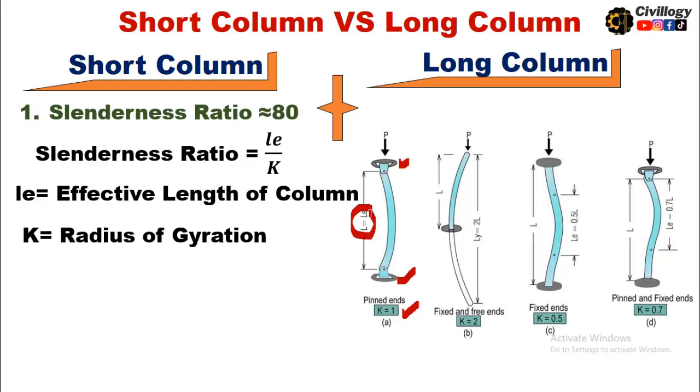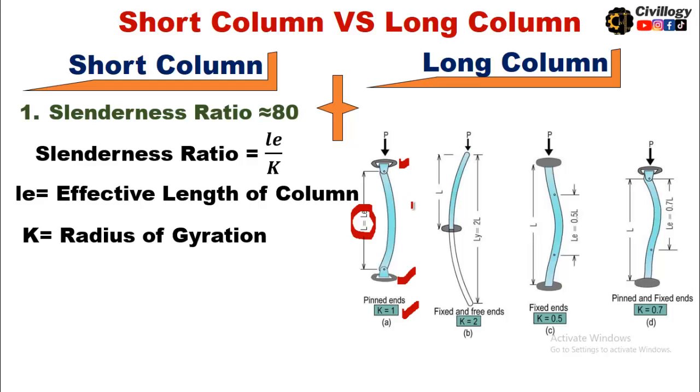Now what is effective length? Effective length is the length which experiences buckling. In simple terms, effective length is the length when the compression load is applied and the column buckles. So the length which experiences buckling is called the effective length of the column.